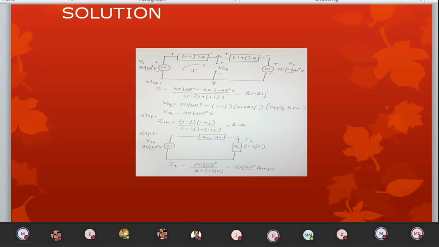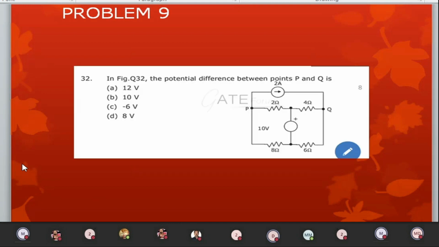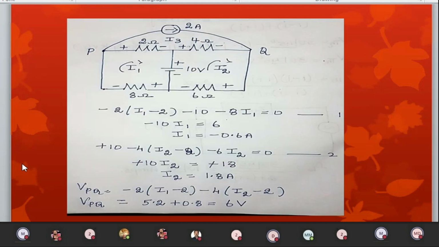Please understand once again, whenever an AC network comes into the picture, it is not resistance but impedance. Every student should understand that. So be careful in that aspect.